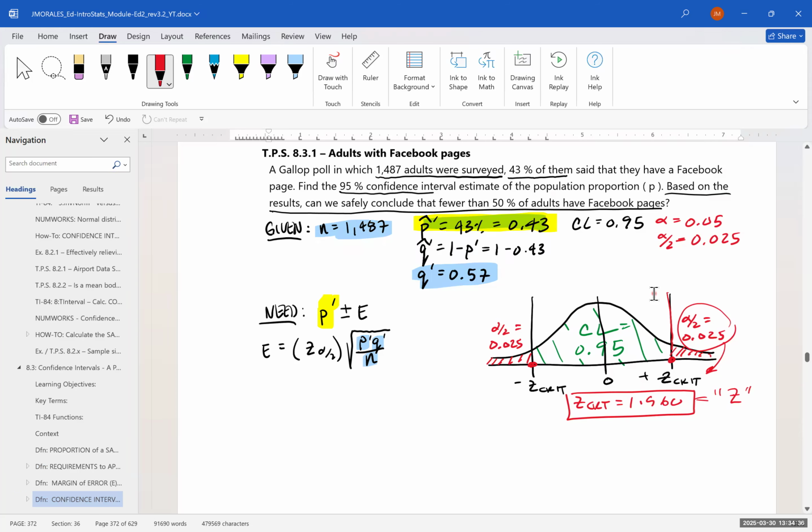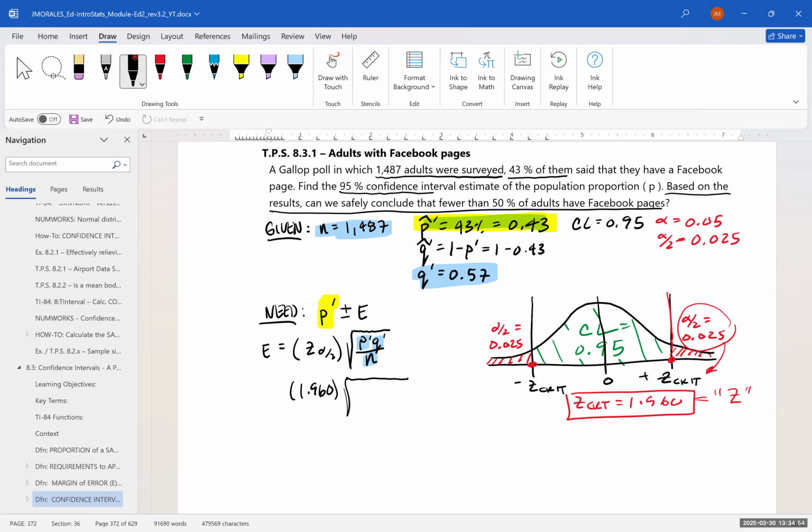Okay, so let me go ahead and put in my values. Because if you do too much in your calculator, you won't have enough to teach yourself how you did this before.